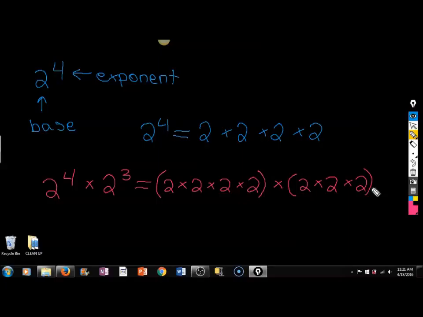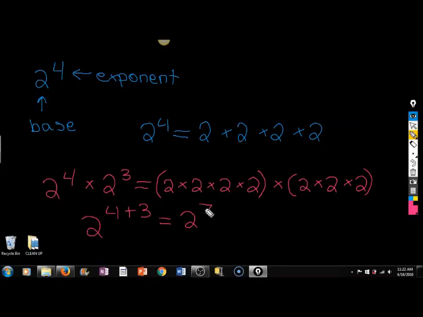In this problem, we can quickly find the exponent 7 of the product by adding 4 and 3, like this. 2 to the fourth plus 3 equals 2 to the seventh.